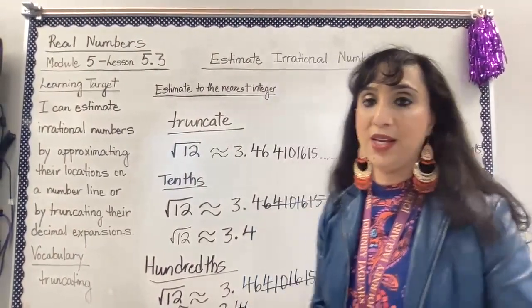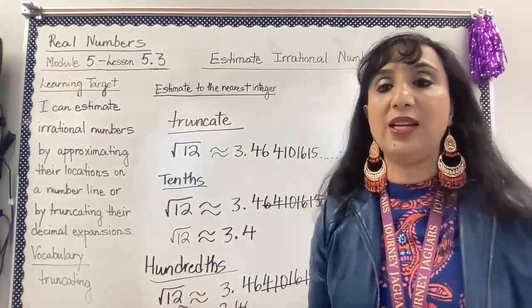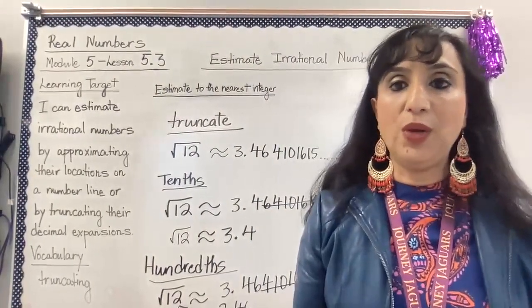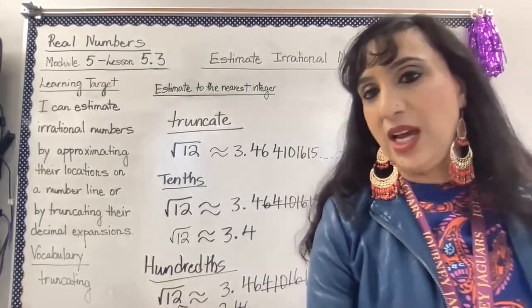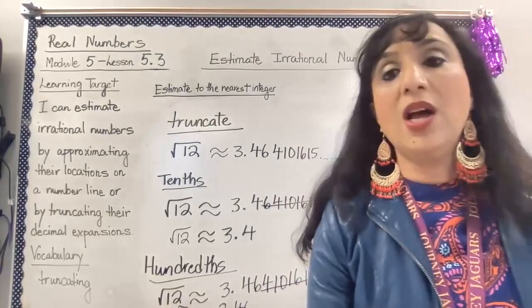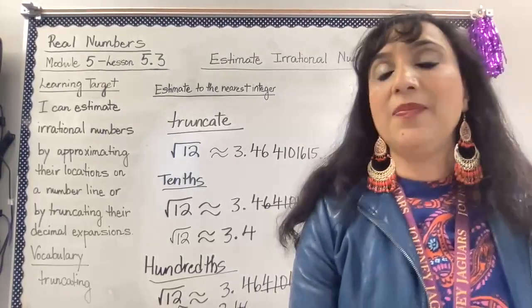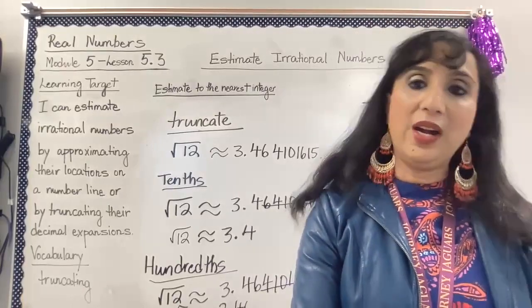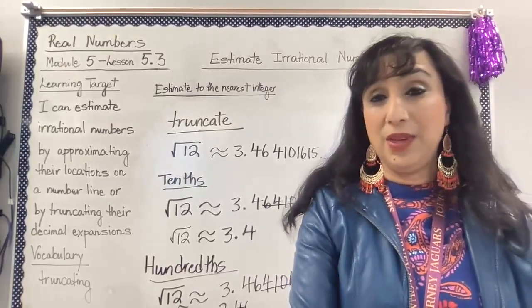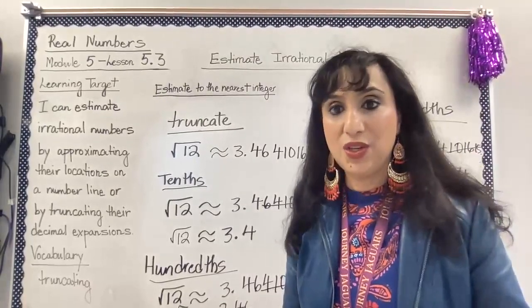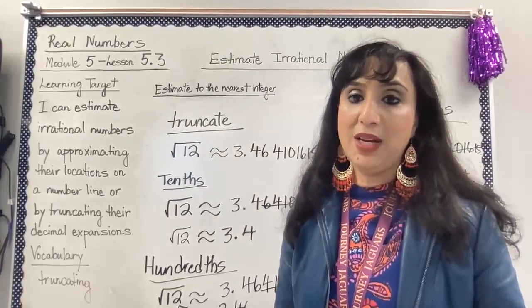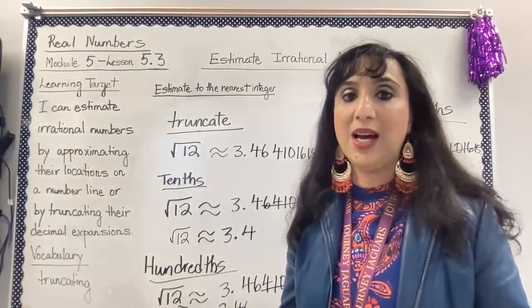Find the perfect squares or find the perfect cubes, and then see between what it lies. And then if it is asking you to round to the tenth or hundredth place value, etc., go ahead and truncate it in order to see where the number would be closest to in your estimation by the distance from that other number.